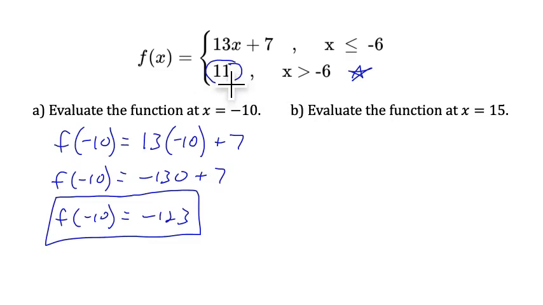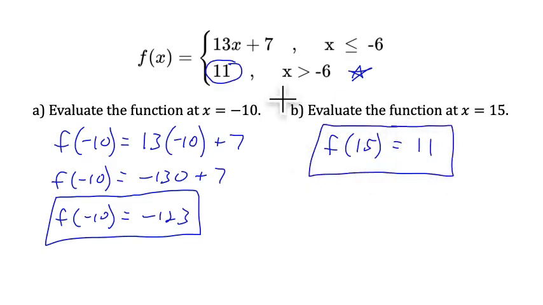It's just 11. So that means that when x is greater than -6, the output, or the y, is always equal to 11. So in other words, f of 15 equals 11. Because if x is greater than -6, the output is always 11.